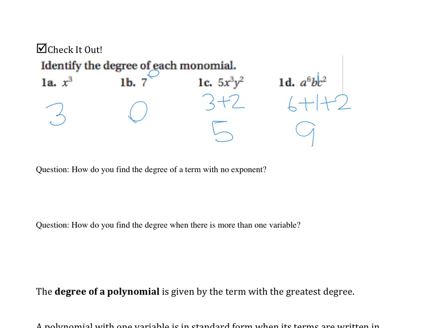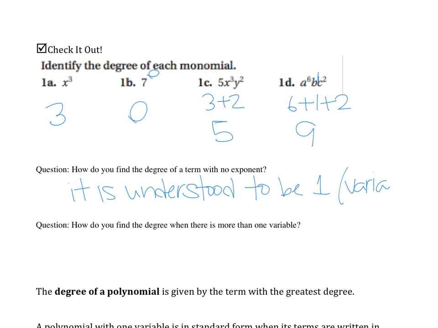How do you find the degree of a term with no exponent? It's understood to be 1 as long as it's a variable, and 0 if it's a number.